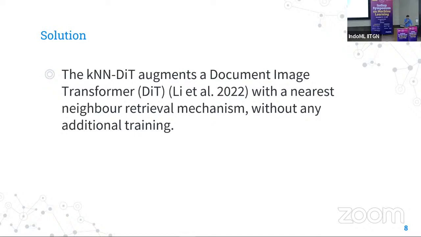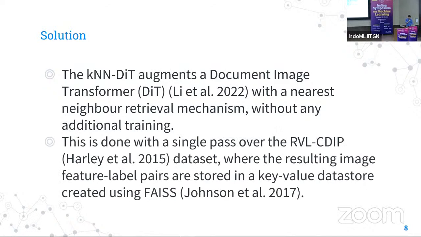What my solution does is take the document image transformer and augment the last layer. Instead of a linear classification layer, I'm using a nearest neighbor retrieval mechanism at the end. This requires no additional training. It is done with a single pass over the data set.